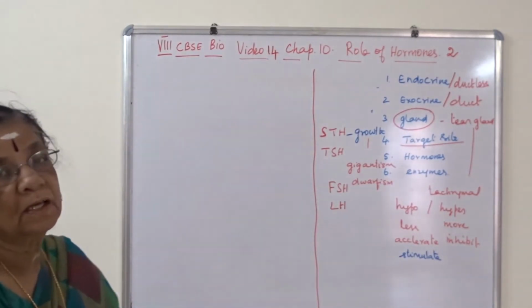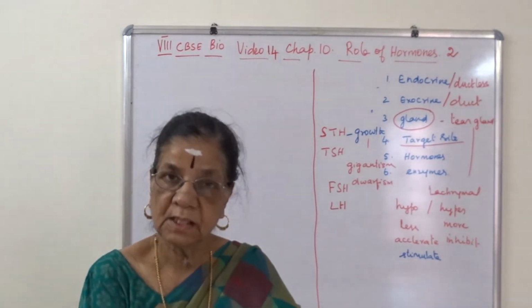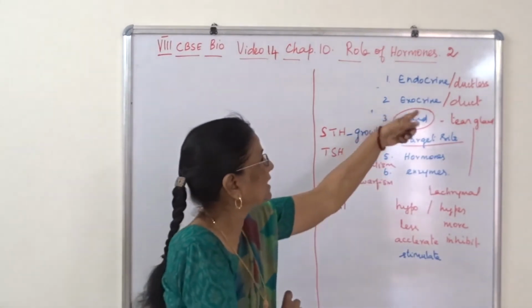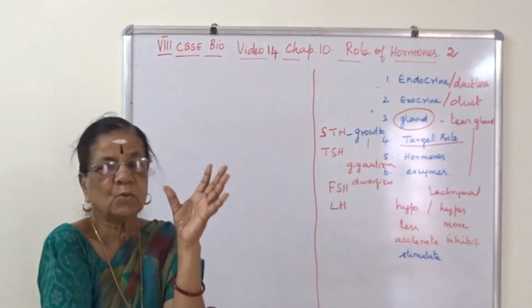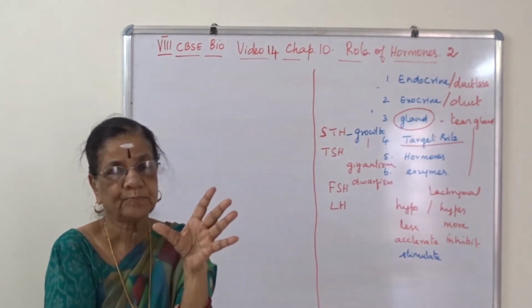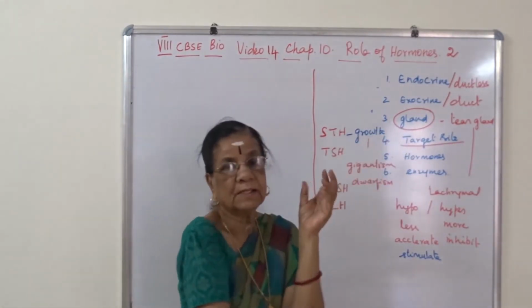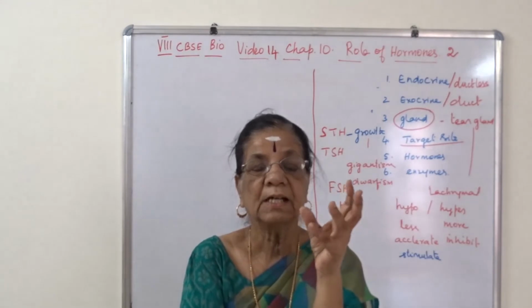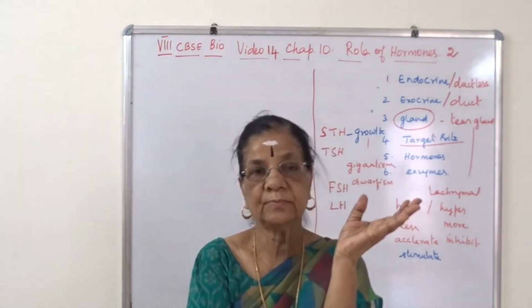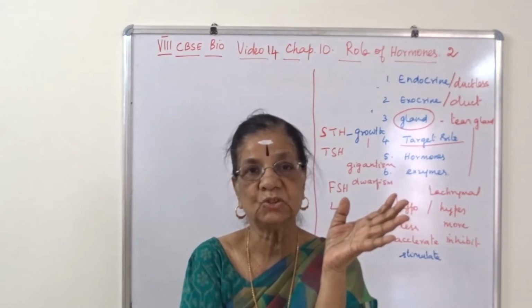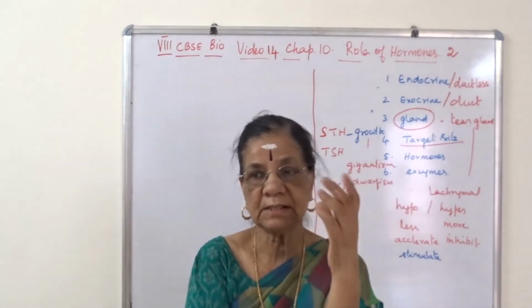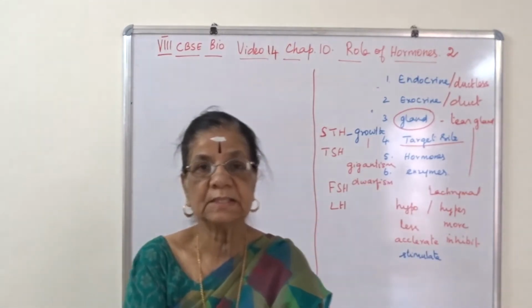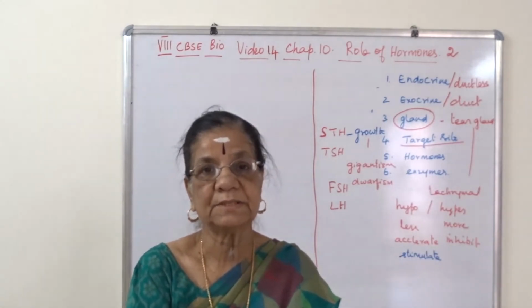Yesterday we did what are endocrine glands, otherwise also known as ductless glands, and exocrine glands, ductal glands, and then what is a gland? A gland is a group of cells which secrete a secretion as hormone or digestive juices, or any secretion; that glandular portion of the cell will secrete its secretion, that is, chemical substances.